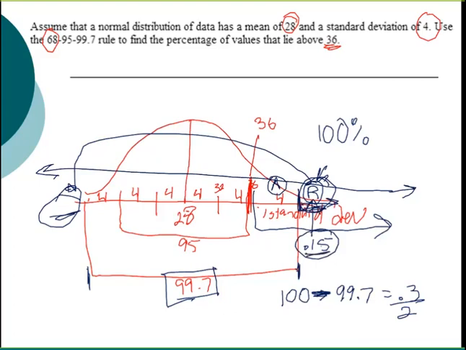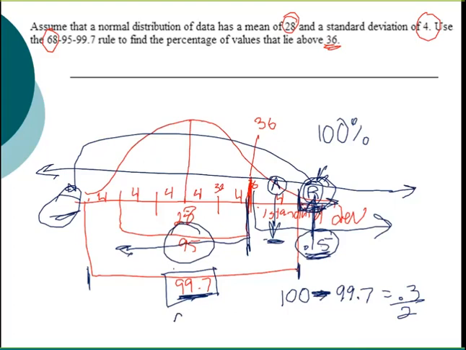So the only thing I have to do is say, all right, well, it's this amount plus whatever this amount is. So this is my R, far right. And then all I have to do is figure out what's this amount right here. Well, to figure out this amount, what I need to do is say I have, out of the 99.7% of my data, I'm cutting out all of this. Okay? So in other words, I want to take away the 95.